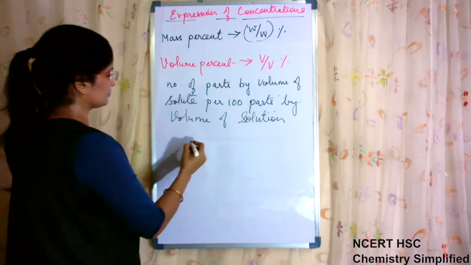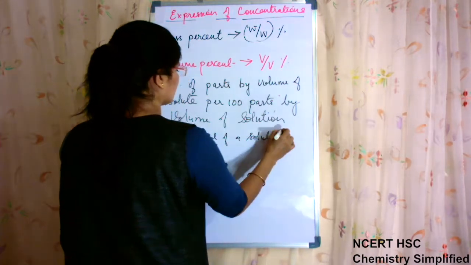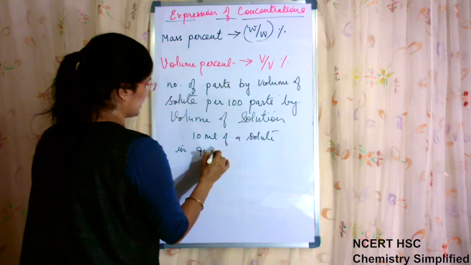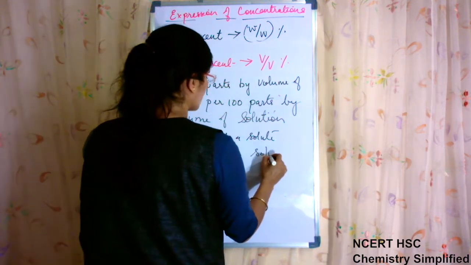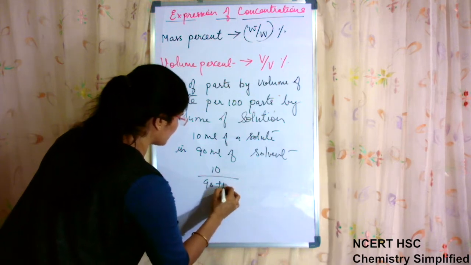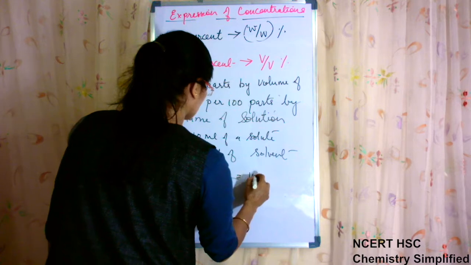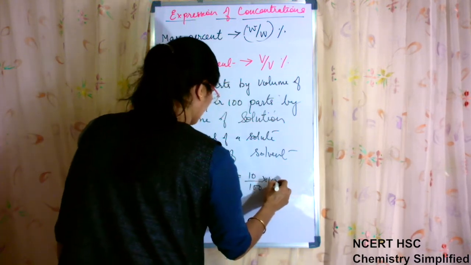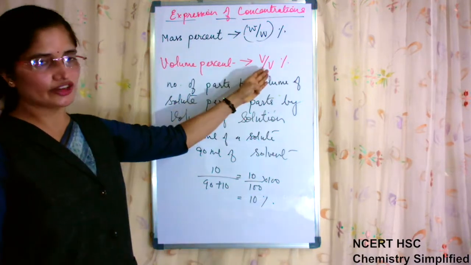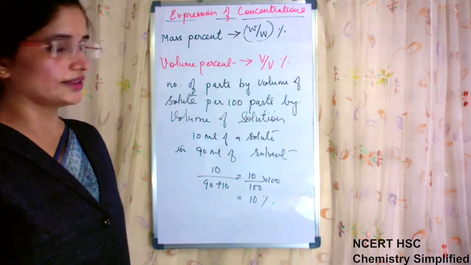That means, suppose 10 ml of a solute is mixed in 90 ml of a solvent, then it is 10 upon 90 plus 10, that is equal to 10 upon 100 into 100 for finding out the percentage. 10% V by V solution. So this is the 10% V by V solution we are taking.